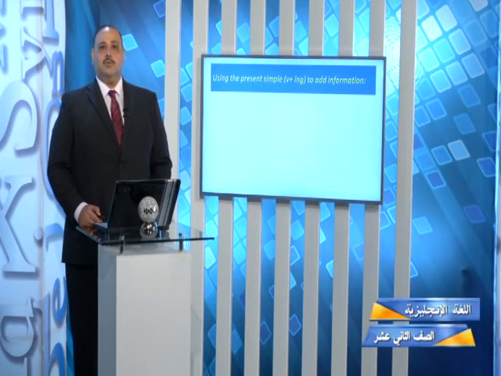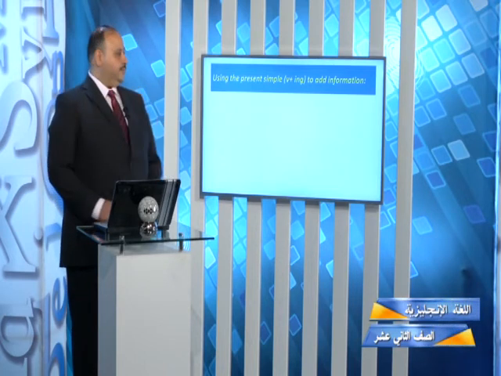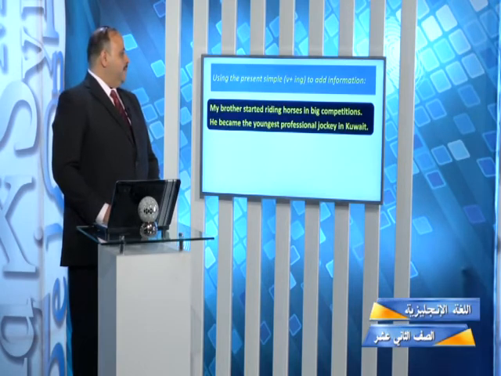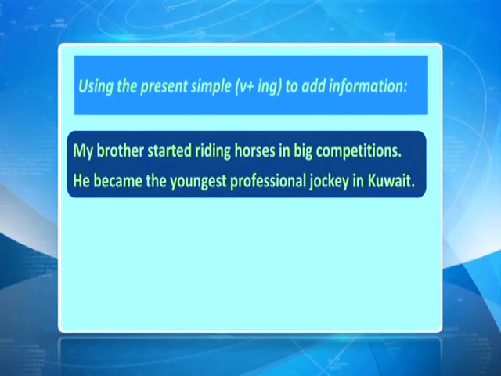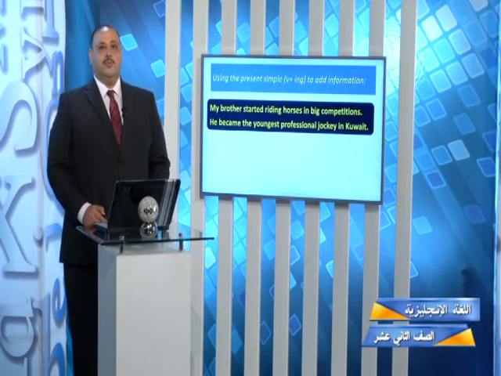Let's have a look to understand it one by one. My brother started riding horses in big competitions. He became the youngest professional jockey in Kuwait. Now, my question is, are the two sentences talking about the same noun? Yes. How can I know?